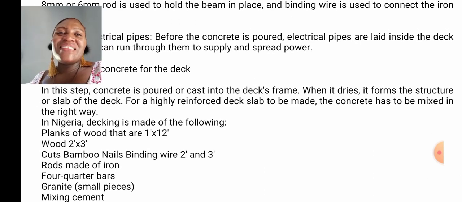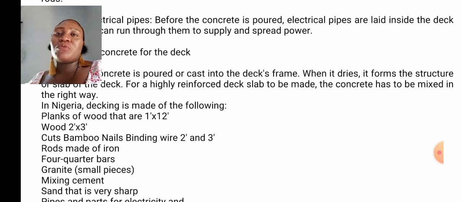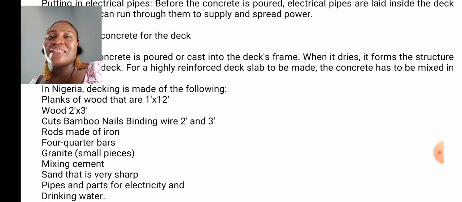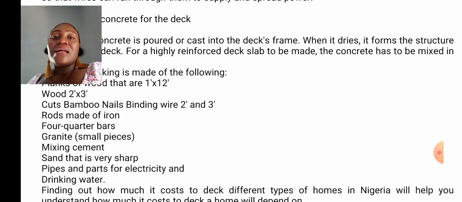Decking is made of the following: planks of wood that are 1 by 12 wood, 2 by 3 cuts, bamboo, nails, binding wire, 2 inch and 3 inch nails, and 4 quarter bars. 2 by 3 rods made of iron, 4 quarter bars, granite, mixing cement, and sand that is very sharp.